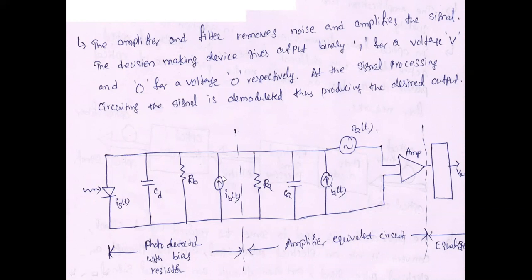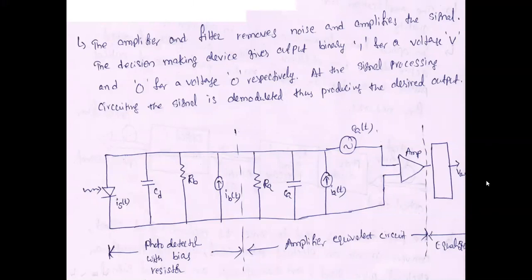Next, once the signal is received, we give it to the amplifier section. Here in this amplifier section, we are taking resistance Ra and capacitance Ca for the equivalent circuit. The thermal noise generated by the amplifier is Ia of t.